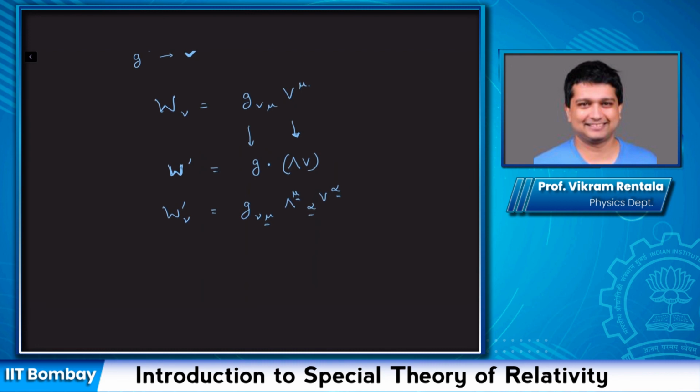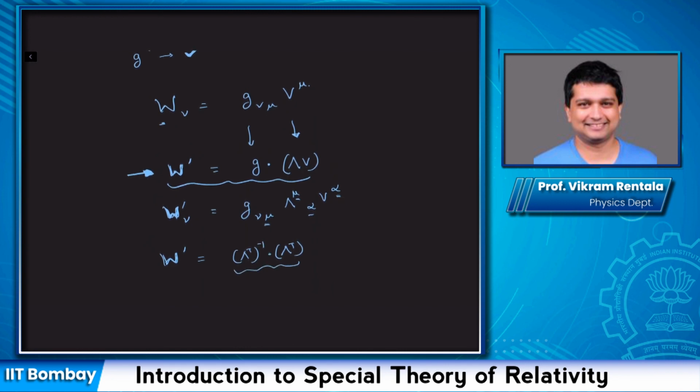So you see that the transformation rule for W looks like this, but we want to write the transformation rule for W not in terms of V, but in terms of the original W. But that's easy to do. Again, if we look at this equation in matrix form, we can write this as W prime is equal to, let's stick in factors of lambda transpose and lambda transpose inverse.